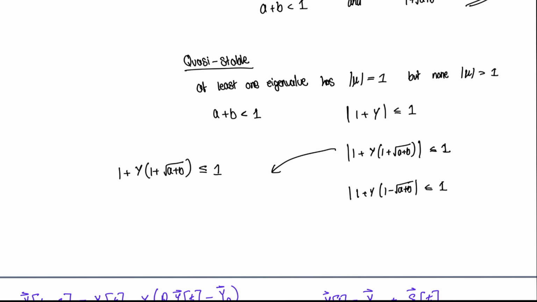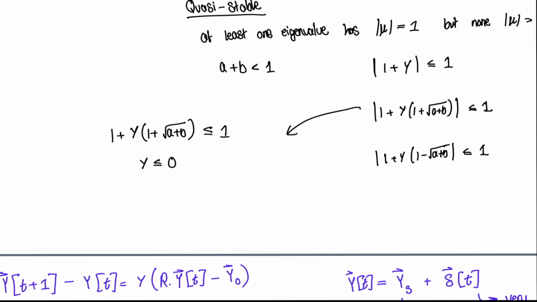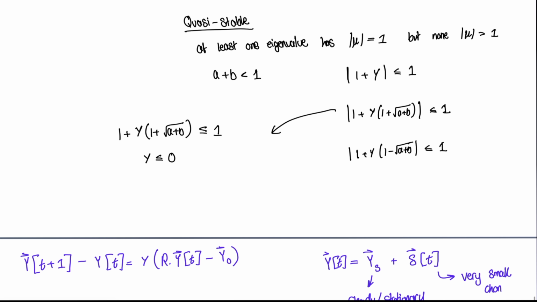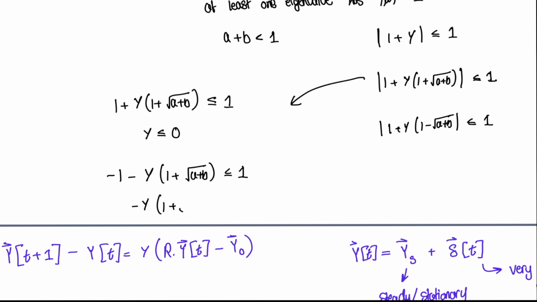Okay, so if we now solve this, we have 1 plus mu (1 plus root a plus b) is less than or equal to 1, which gives us mu is less than or equal to 0. If we solve for minus 1 minus mu (1 plus root a plus b) less than or equal to 1, we get minus mu (1 plus root a plus b) less than or equal to 2, which we can write as mu is greater than or equal to minus 2 divided by 1 plus root a plus b.